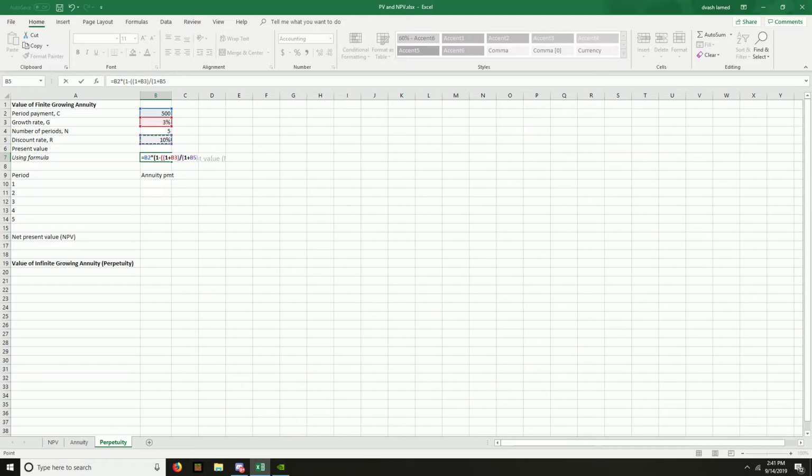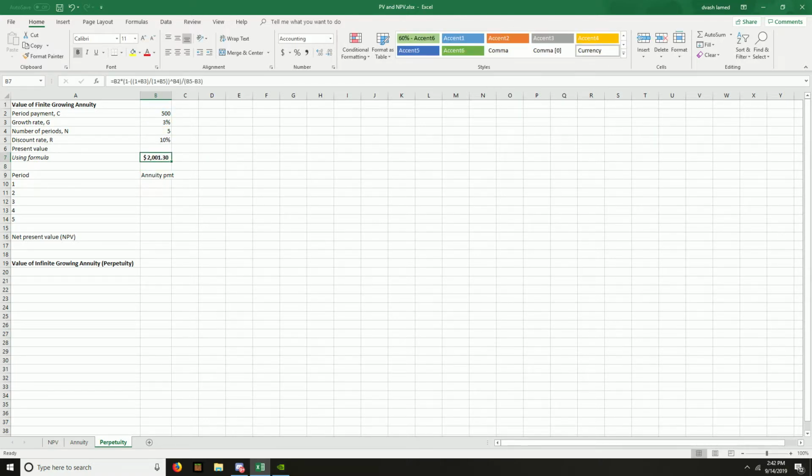Close the double brackets, and then we'll say to the power of the number of periods, and then we'll close the bracket, divided by our interest rate or discount rate minus the growth rate. So this here will be our solution.